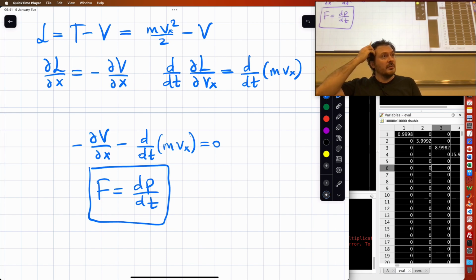Is it? Come on. I don't think it's before Newton, but can you check it? Okay, Euler is before Newton, but Lagrange is after. What?